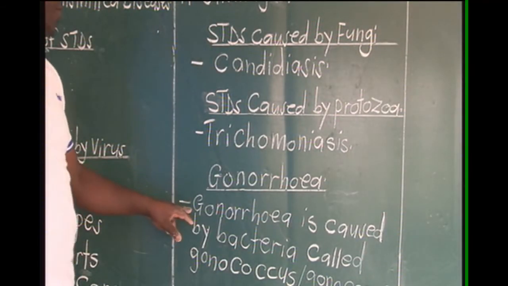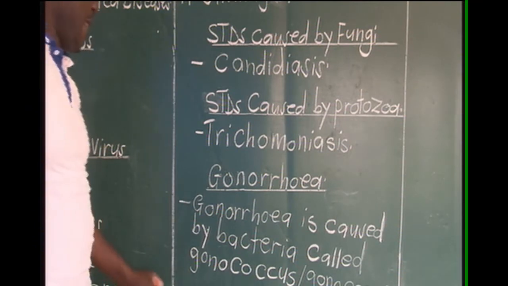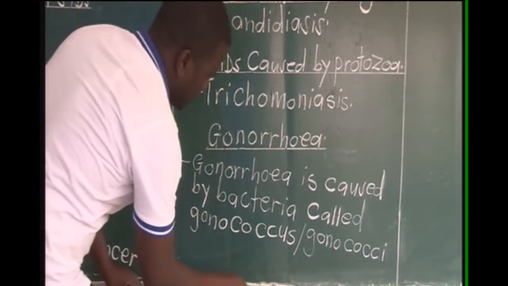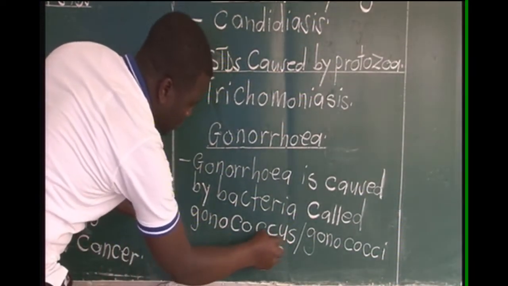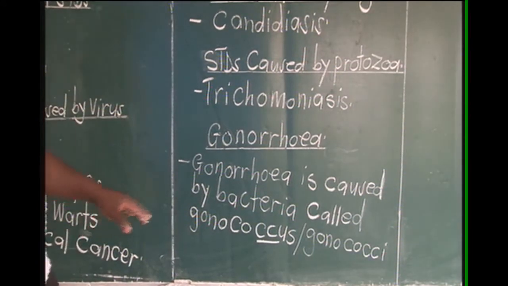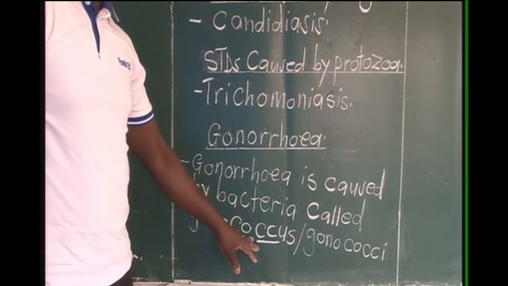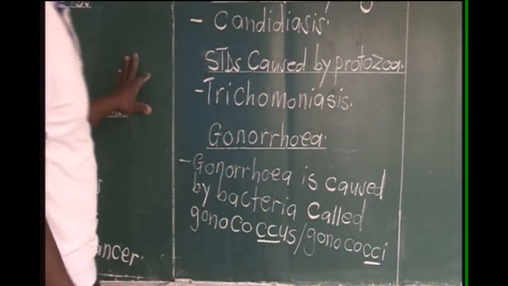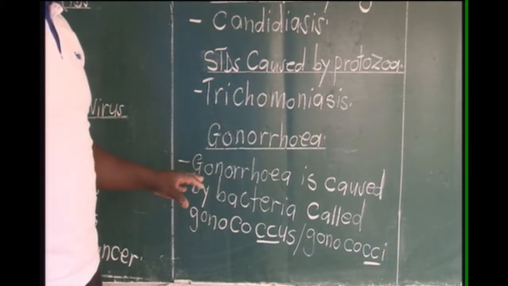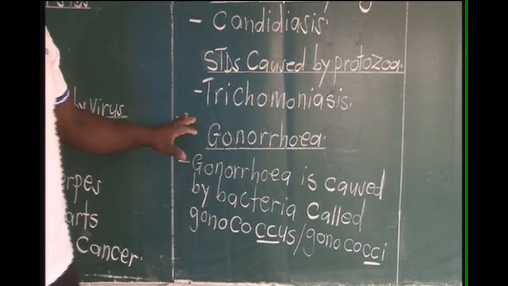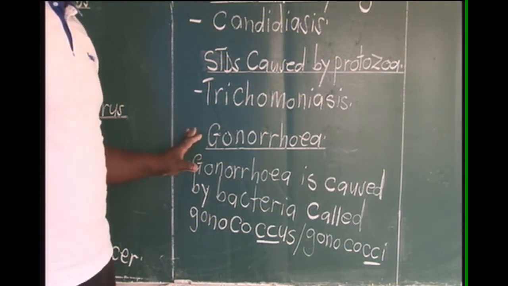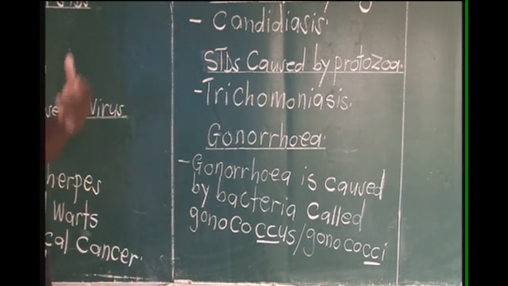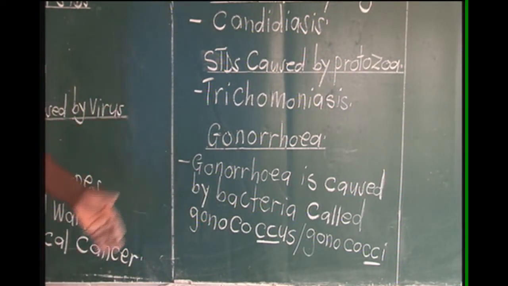The word gonococcus has a double C after the O. This is singular; the plural is gonococci. So in case you are asked the cause of gonorrhea, you can simply say bacteria. But in case they ask you to name the bacteria that causes gonorrhea, then you say gonococcus or gonococci.